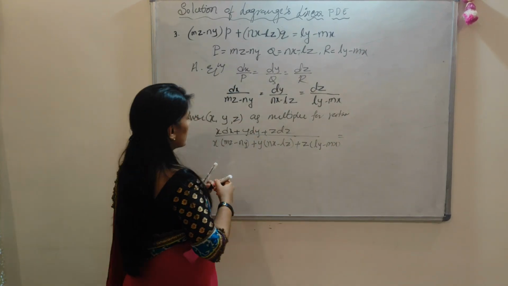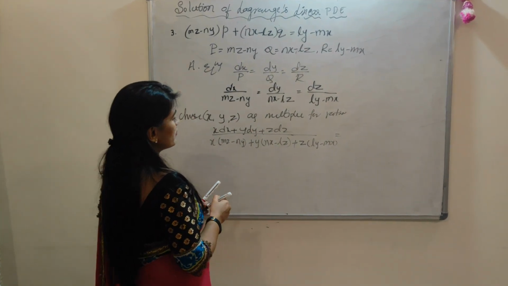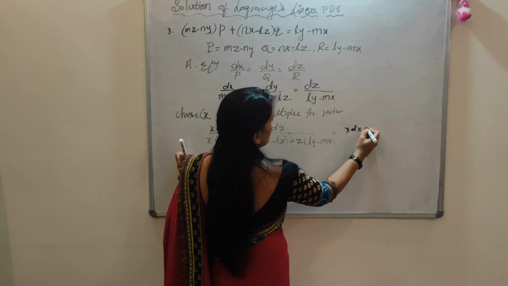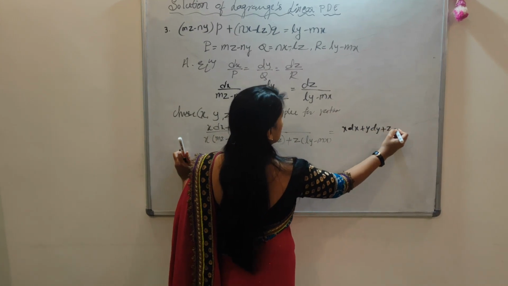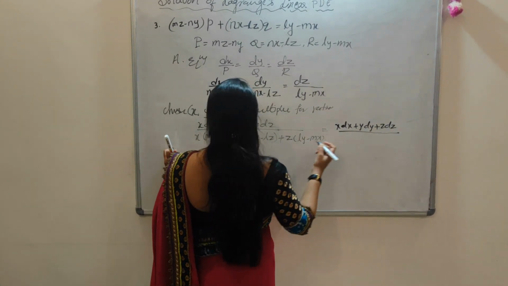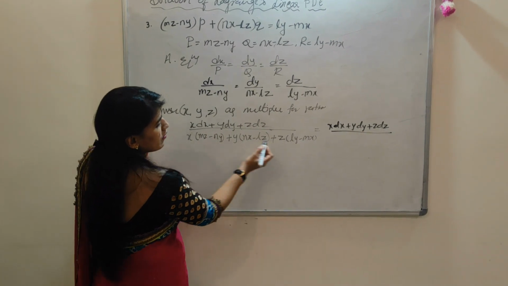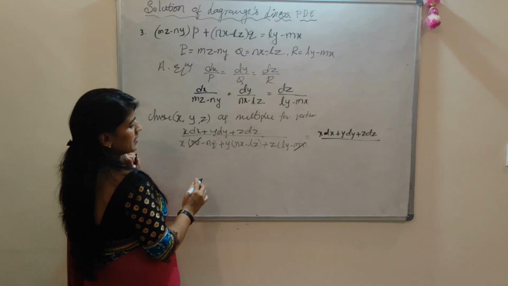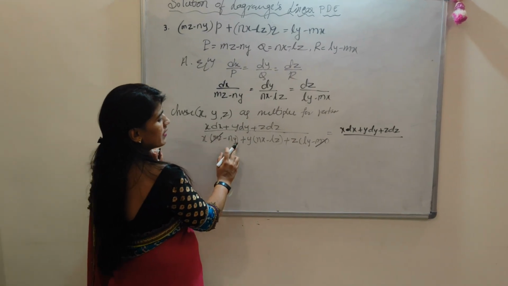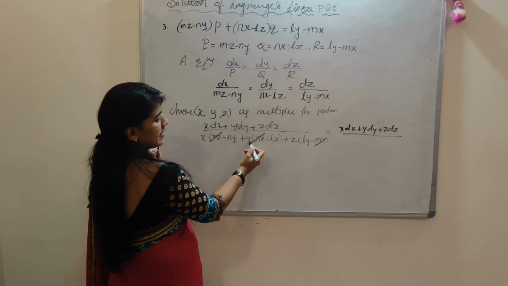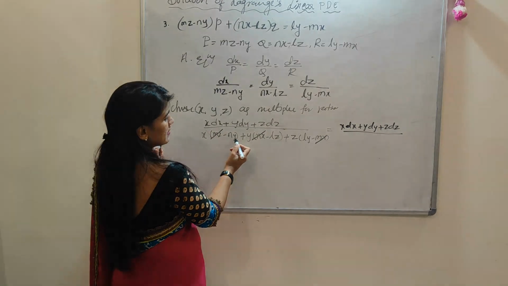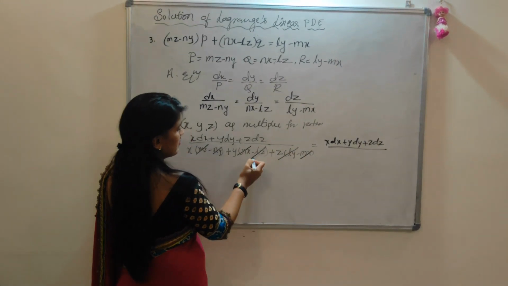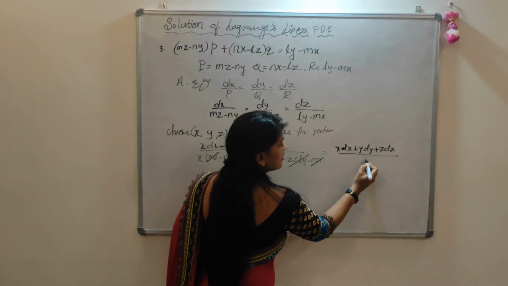So, see here you can now observe that the denominator after multiplying all terms becomes 0. So, x dx plus y dy plus z dz divided by, see, xmz, here also minus mxz, so these terms get cancelled. Minus xny plus nxy, similarly get cancelled. Ylz plus lyz, okay, all terms get cancelled. You will get denominator 0.